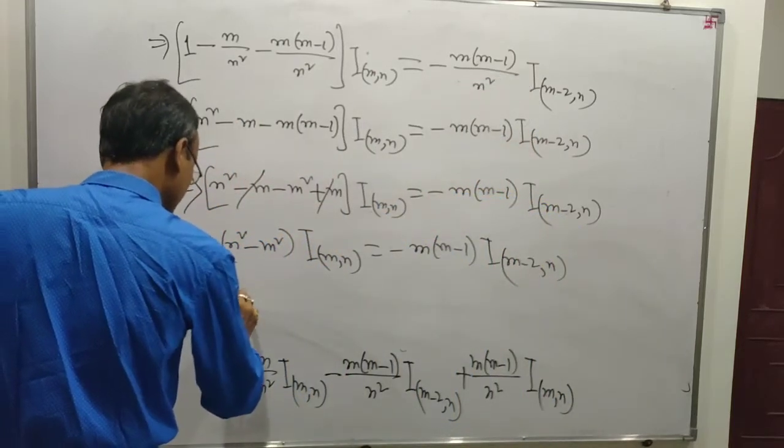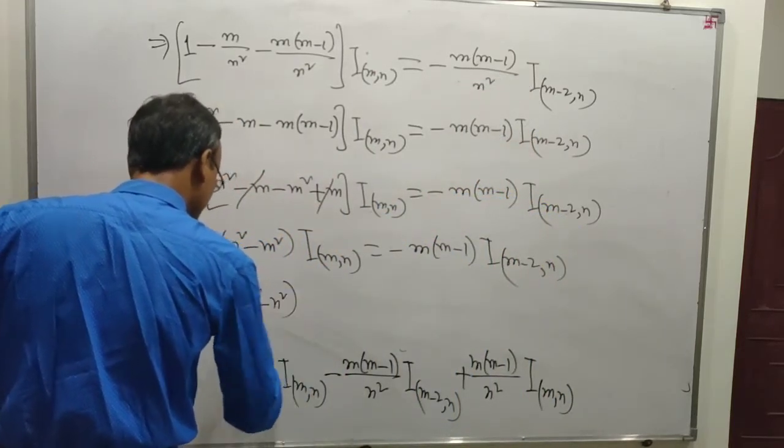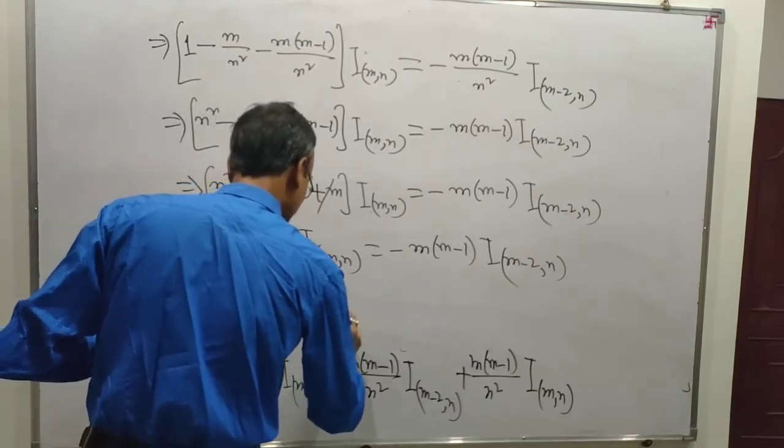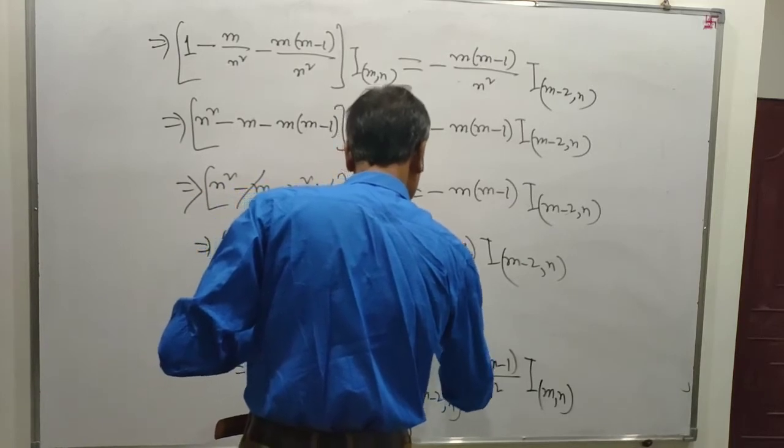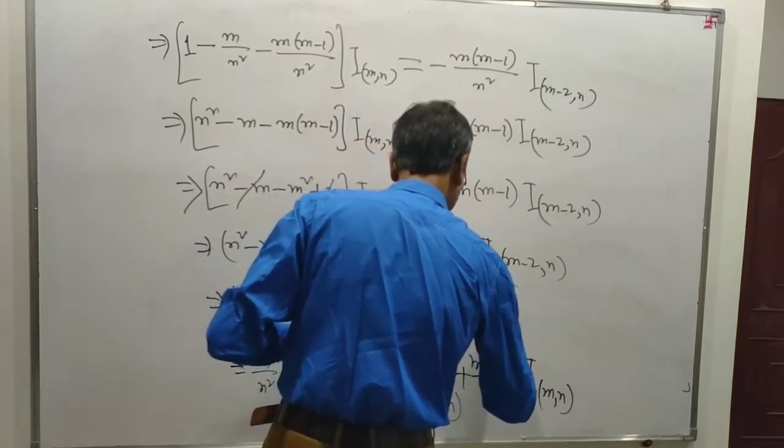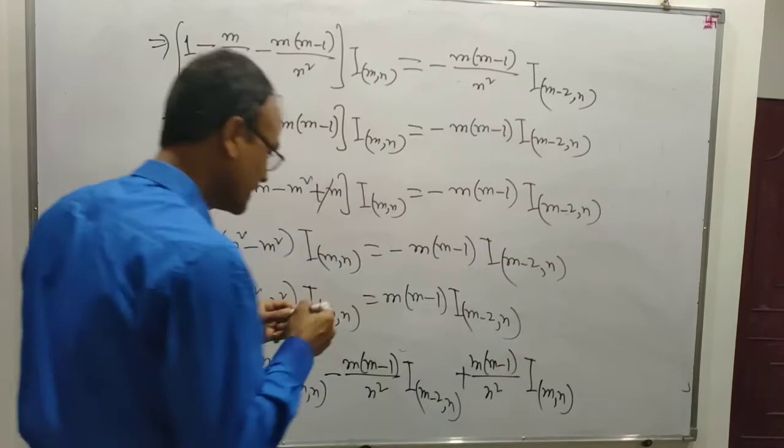This means m square minus n square multiplied by minus 1, it will be m into m minus 1 I m minus 2n.